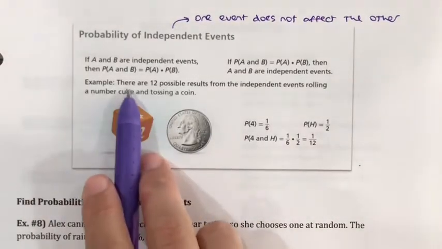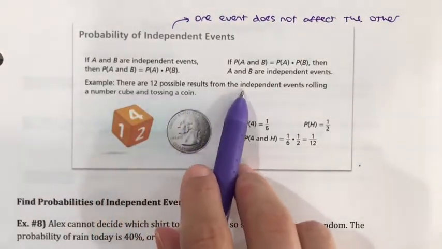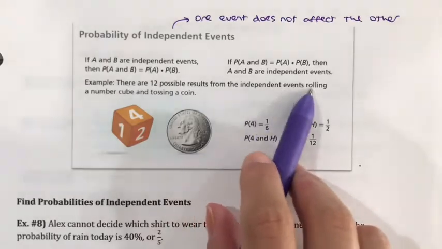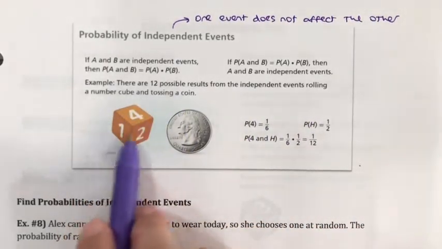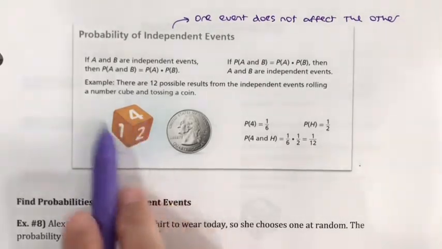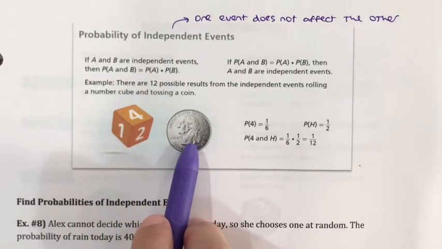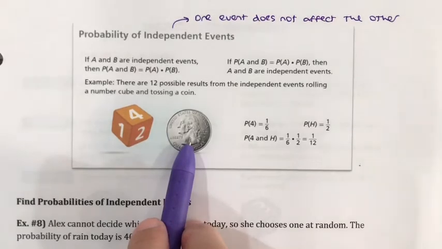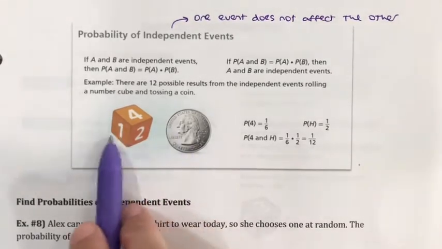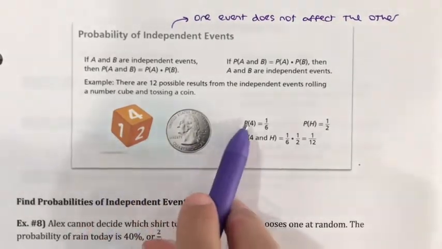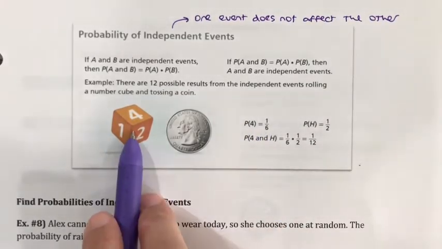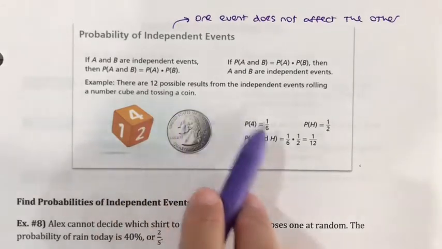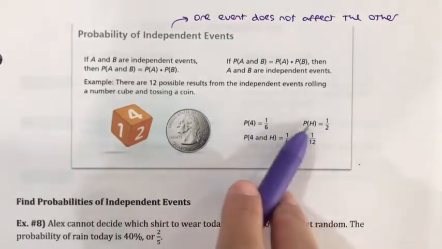So, for example, there are 12 possible results from the independent results rolling a number cube and tossing a coin. If you roll a number cube, whatever you get here is not going to affect whether you get heads or tails on the coin. These have nothing to do with each other. So the probability of rolling a 4, let's say, would be 1 out of 6 because there are 6 sides and the 4 is only on one of the sides.